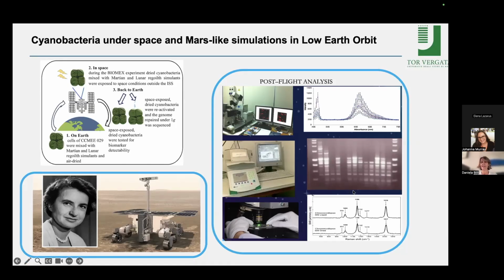But nevertheless, DNA is the same. Carotenoids can be present also in non-photosynthetic organisms. And of course, we don't expect photosynthetic pigments. But this is to say that these desert cyanobacteria are able to stabilize their components and that their components can still be detected after a prolonged period of exposure under Mars-like simulated conditions in low Earth orbit.